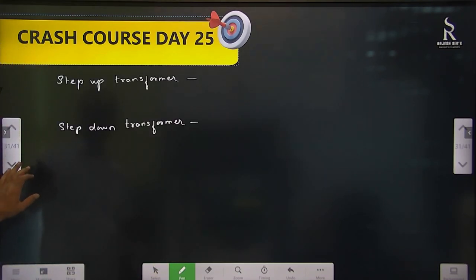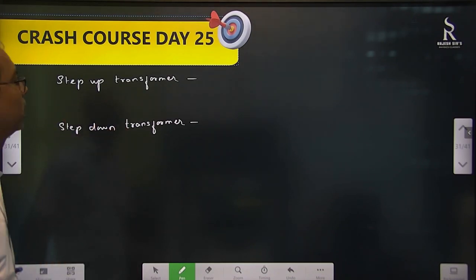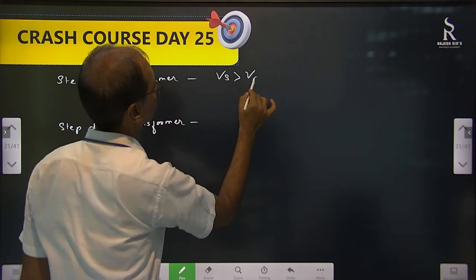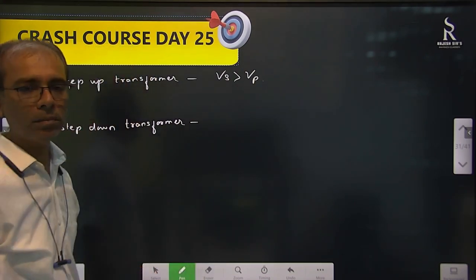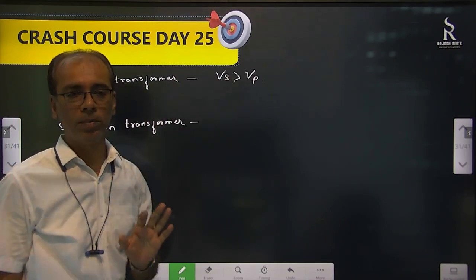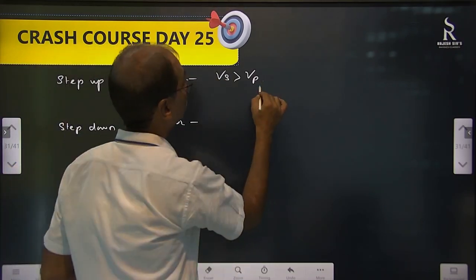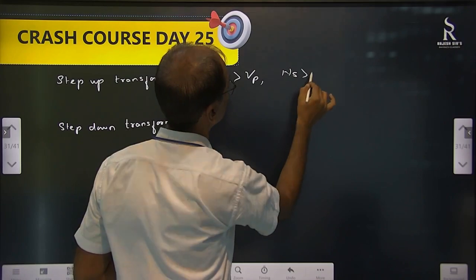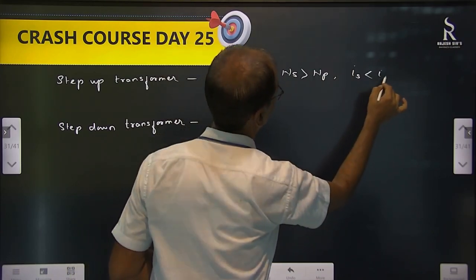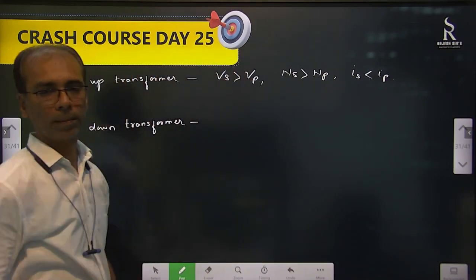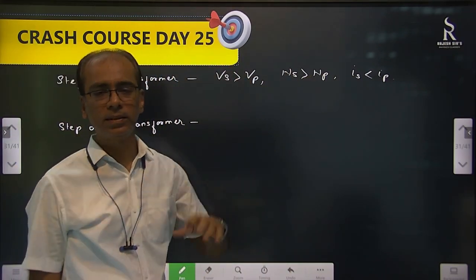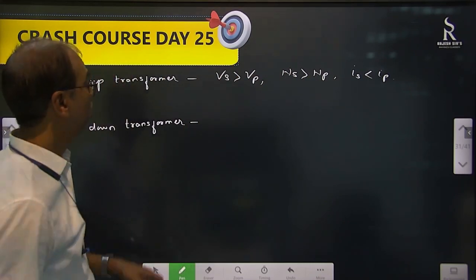Last thing about this transformer is step-up and step-down. Step-up transformer means Vs is more than Vp. That means EMF produced in secondary is more than EMF produced in primary. That means Ns is more than Np, and that means Is is less than Ip.